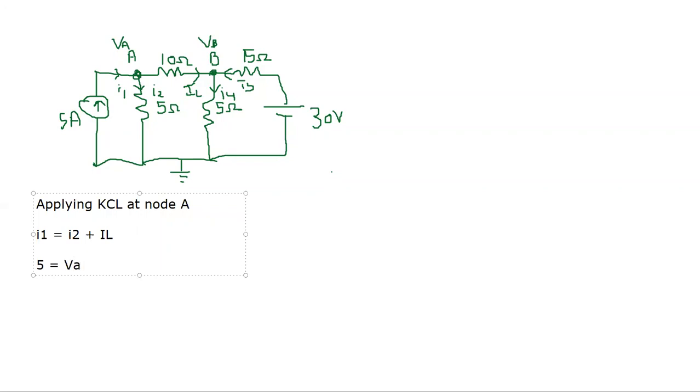I2 is VA minus 0 by 5. And what is IL? IL is VA minus VB divided by 10. Right? This is your first equation.